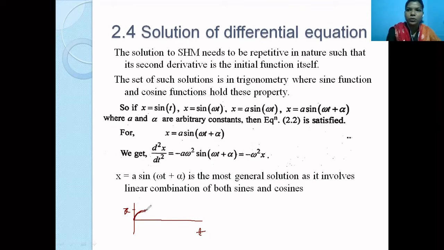From there, it will start coming back to the mean position, the original position. After it comes back to the original position, it will go to the other extreme point, and from this other extreme point, it will come back to the mean position, right? So this is how an oscillation is performed.